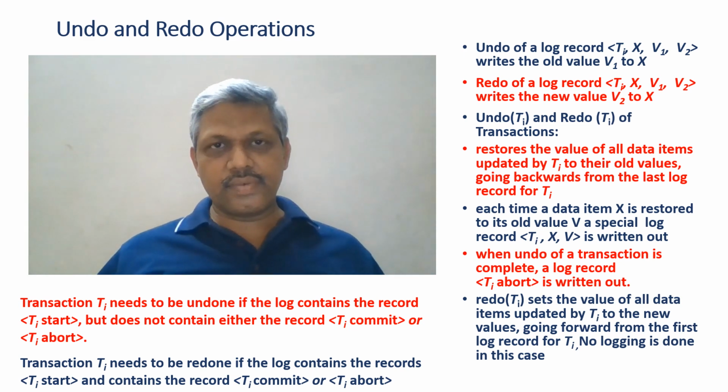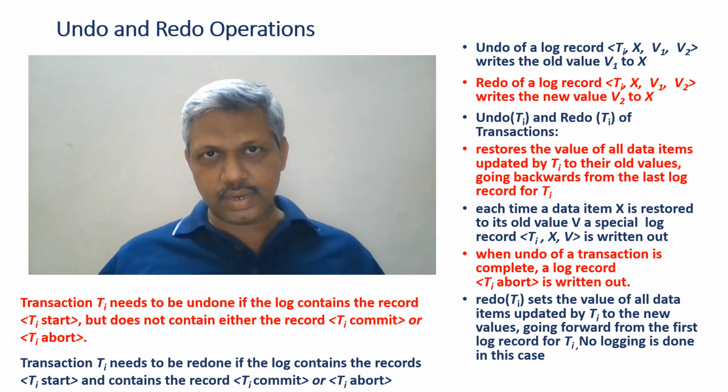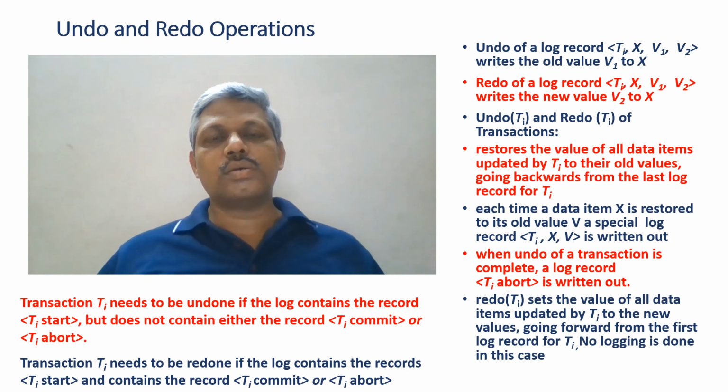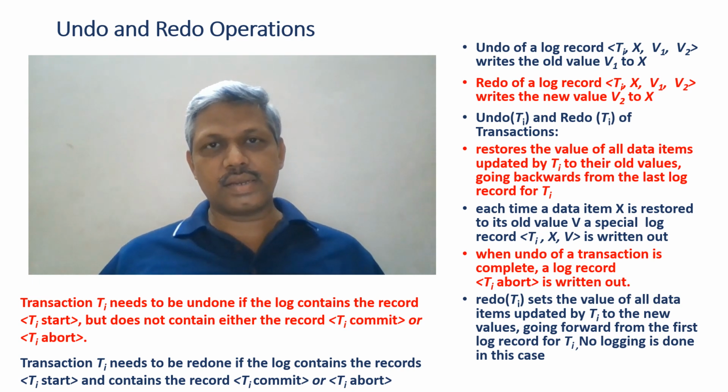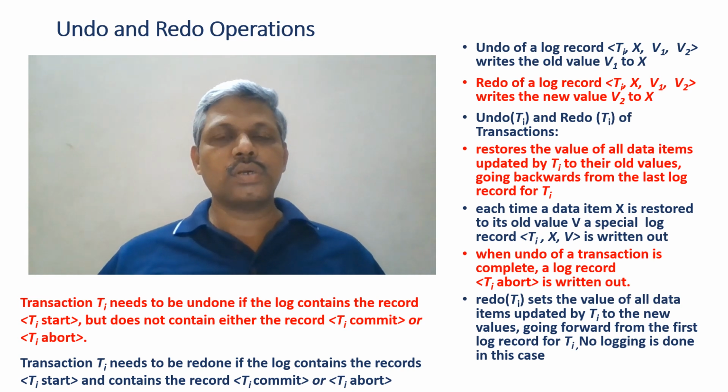We need to understand when the transaction has to be redone and when it has to be undone. Suppose a transaction has a record of <Ti start>, but does not contain either <Ti commit> or <Ti abort>. It means the transaction has initiated its actions, but has not terminated them. In this case, we don't know what the transaction is going to do next. That's why we need to undo the actions done so far.